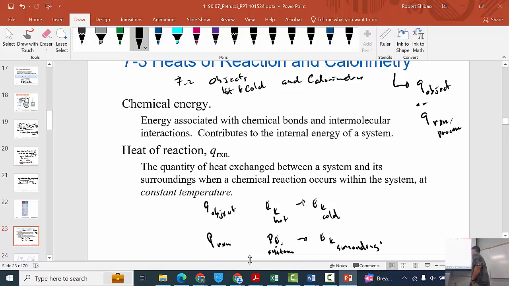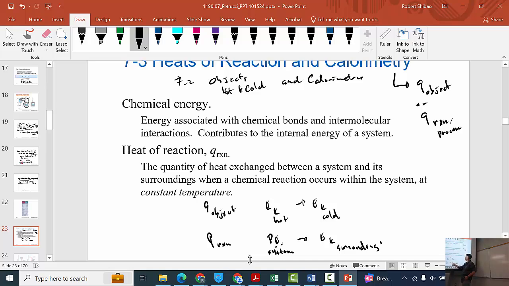And so we have chemical potential energy. Let's say we have methane and oxygen at room temperature, and we combust it. It's going to get hot because the surroundings will get hot, but then the methane and oxygen system changes from methane and oxygen to CO2 and water, a product plus energy. And so that's where we go from potential energy to kinetic energy in the surroundings.